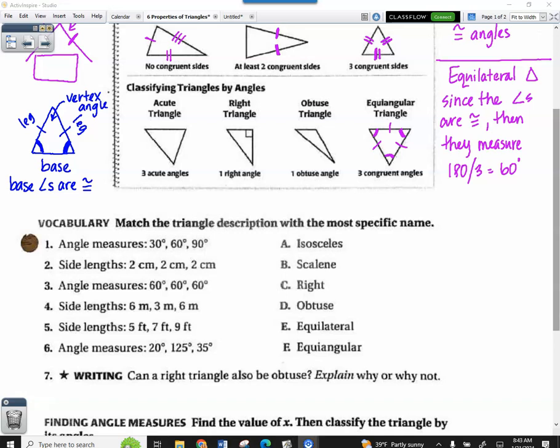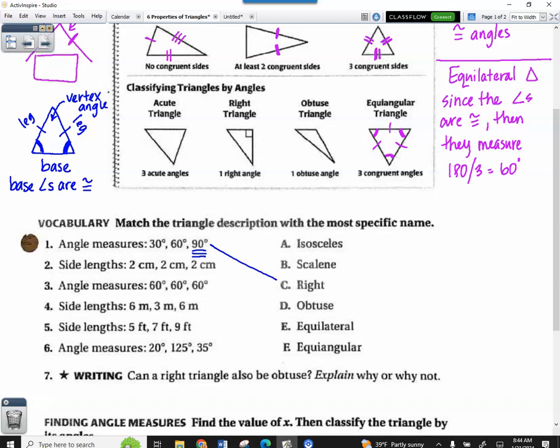Are you supposed to try it on your own? So if you have a triangle with 30, 60, 90 angle measures, what kind of triangle would it be? A right triangle. And that would be because of this 90 degrees. Did anyone say scaling?